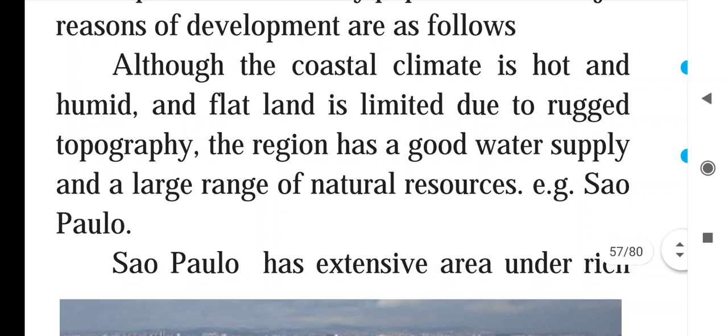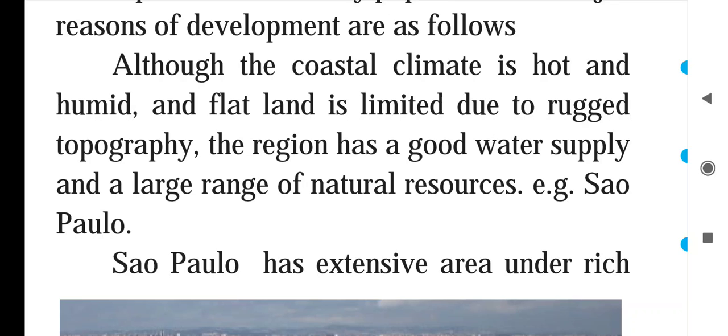Although the coastal climate is hot and humid, and flat land is limited due to rugged topography, the region has a good water supply and a large range of natural resources. Example, Sao Paulo. So here they are saying that in the coastal areas, the climate is hot and humid.